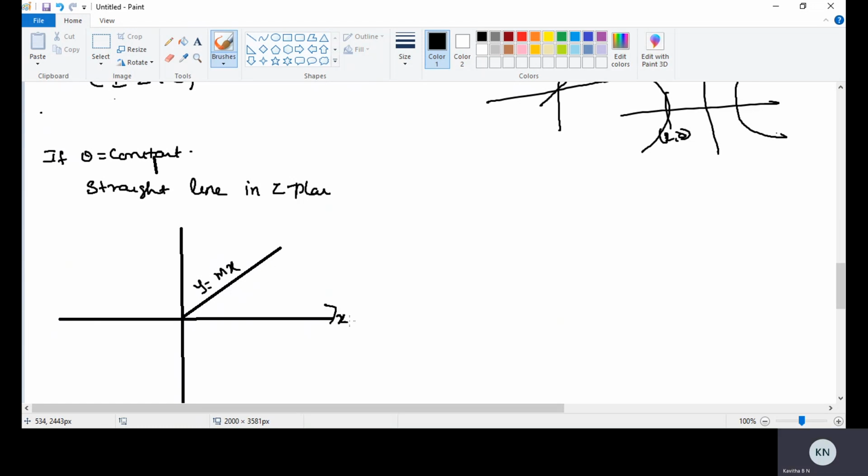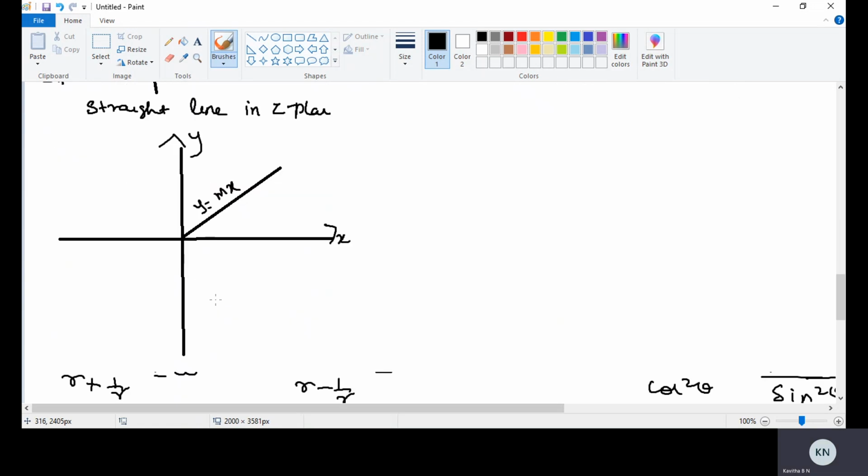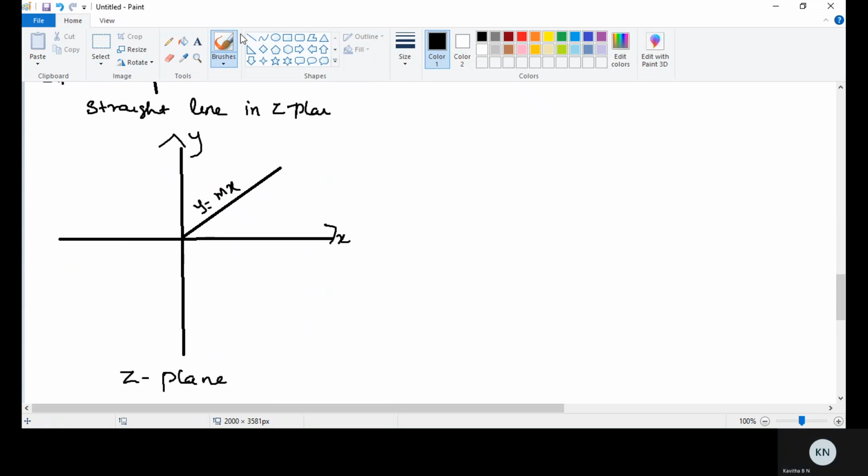This is the x-axis, this is the y-axis in the z plane. But in the w plane it is a hyperbola.